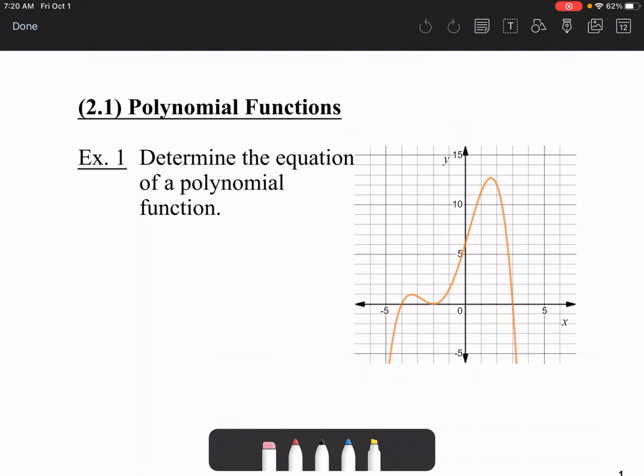So today we're going to look at some various different polynomial functions, the equations, the graphs, so forth. Right here we have an example of a graph being shown, and due to the fact that it has this shape and it looks like it has a double root right here, as in it just touches the x-axis, and two single roots, my best guess is this is a quartic function.